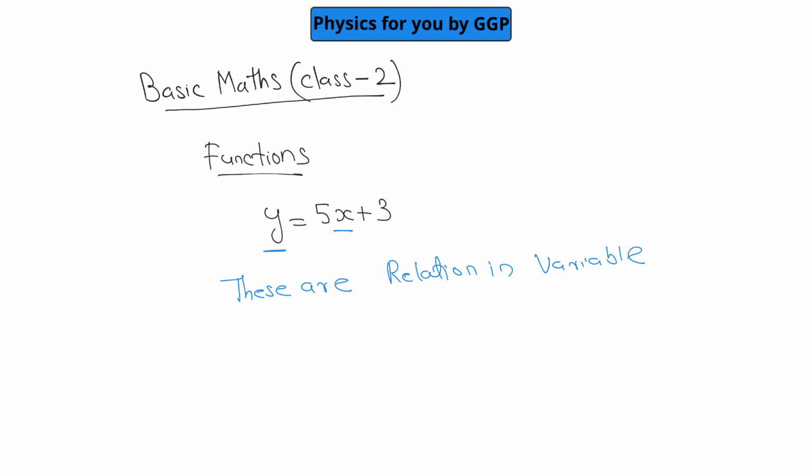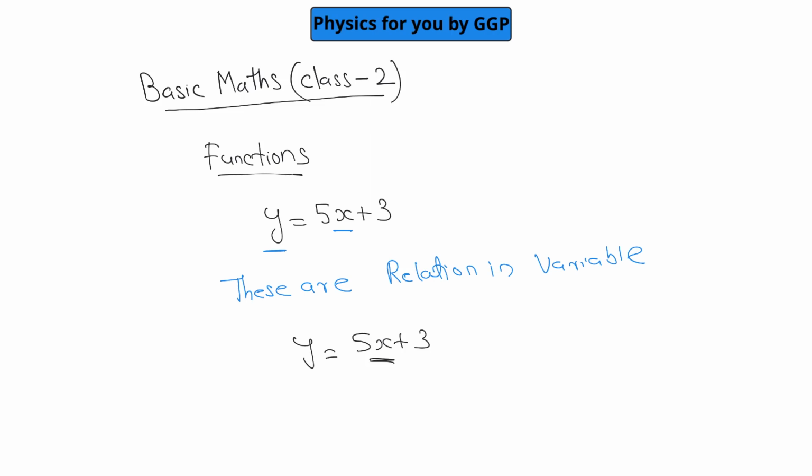I think you know what we mean by variable and what we mean by constant. Variable means the value of which can be changed, and constant means the value of which is not going to change. Like in this example, y is equal to 5x plus 3. According to our convenience we can put any value for x.